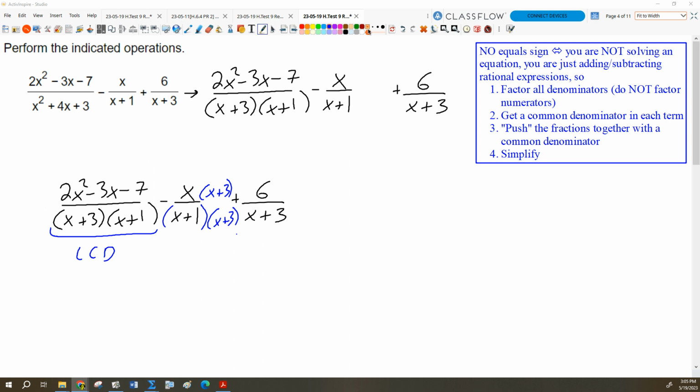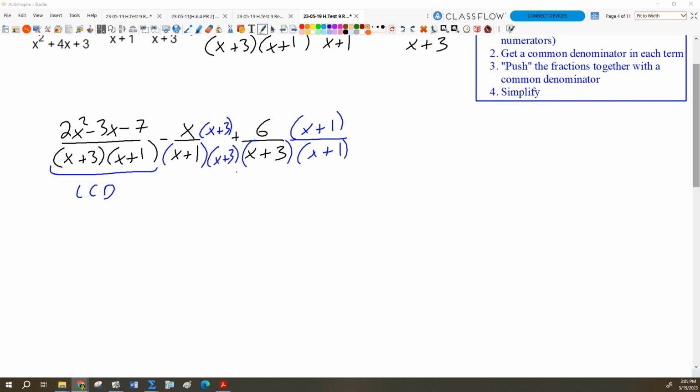How about the third fraction? Divided by x plus 1, and I would need that in parentheses then, wouldn't I? Okay. There we go. So now look what we've got. Now we've got our common denominator there, there, and there.